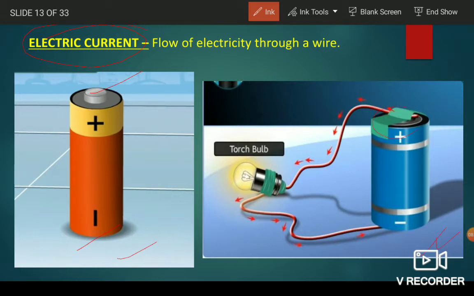As we connect both of the terminals of the cell, positive terminal and negative terminal, through a bulb via this wire, then electricity starts flowing, and then we call it electric current, as here it has been shown with the help of arrows that electric current is flowing.